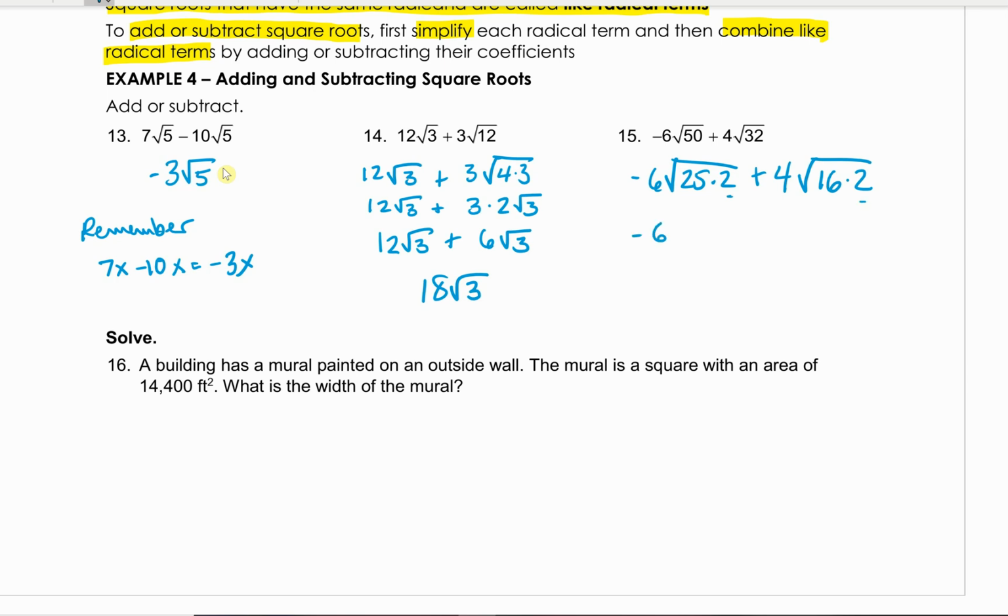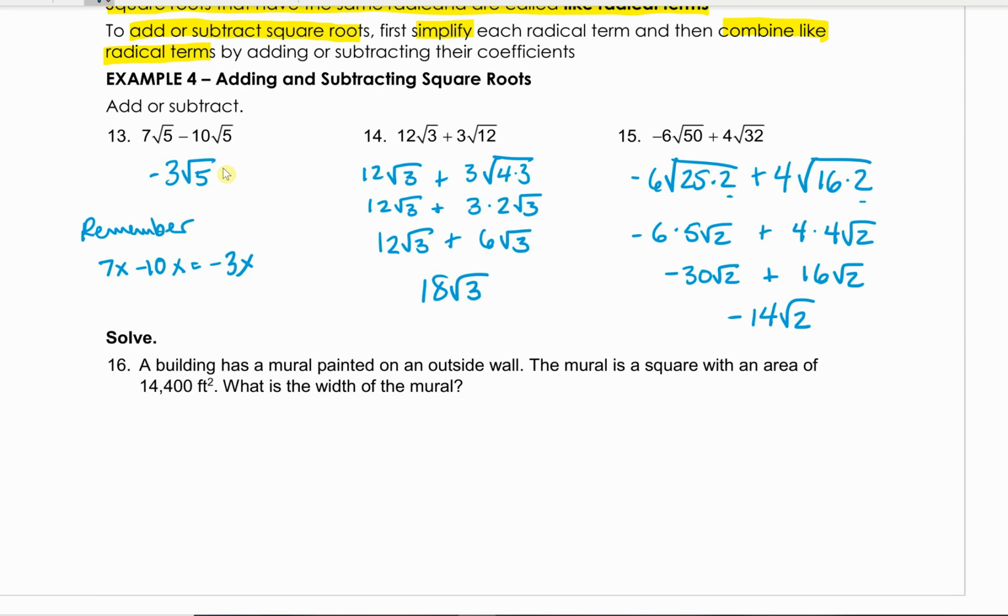So we're going to get negative 6 times 5 square roots of 2 plus 4 times 4 square roots of 2. So we get negative 30 square roots of 2 plus 16 square roots of 2. That's going to be negative 14 square roots of 2. Going to have to play around with some of these.